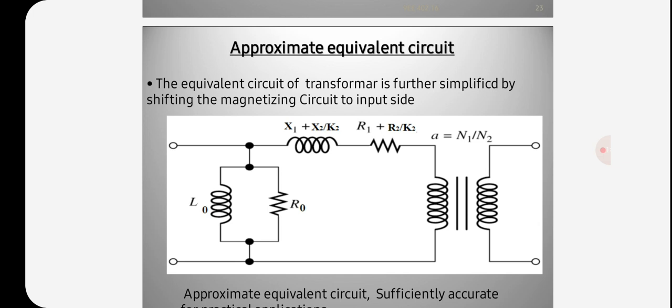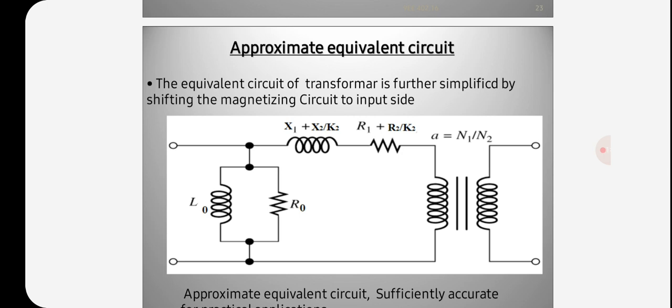Percentage regulation is I2 R naught 2 cos phi 2 plus or minus x naught 2 sin phi 2 by E2 (no load) into 100. So that will be I2 R naught 2 cos phi 2 by E2 into 100 plus or minus I2 x naught 2 sin phi 2 by E2 into 100.